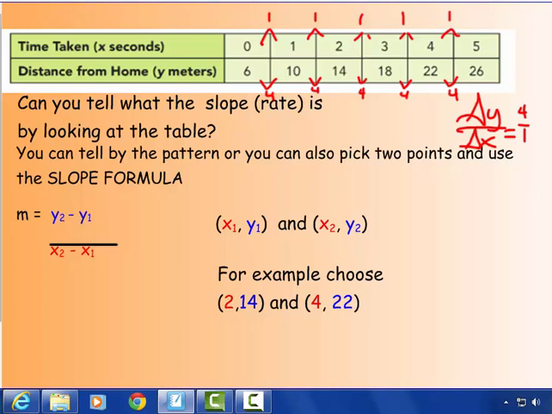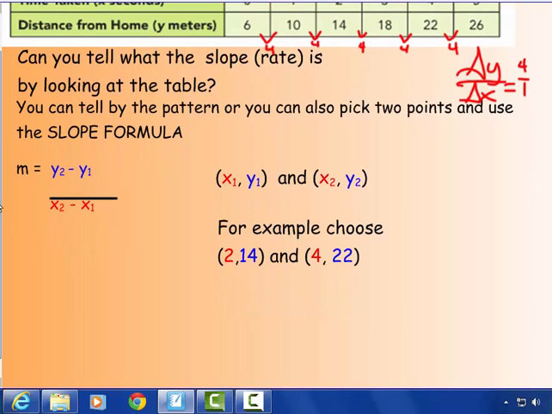The other way I can do it is to take the slope formula, which says x sub 1, y sub 1, and x sub 2, y sub 2, subtracting those. So my slope formula here is y sub 2 minus y sub 1 over x sub 2 minus x sub 1.